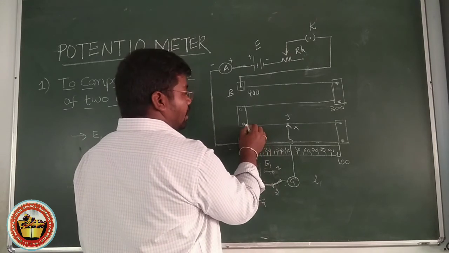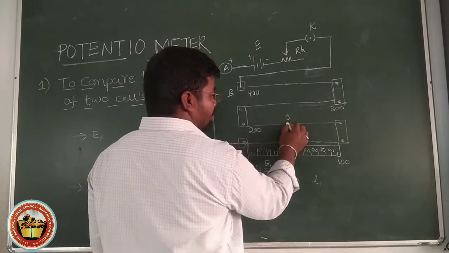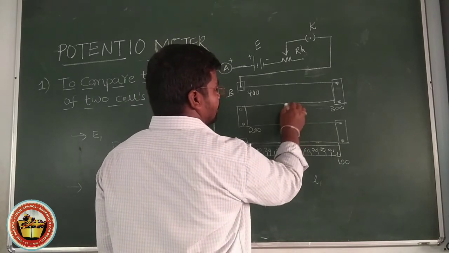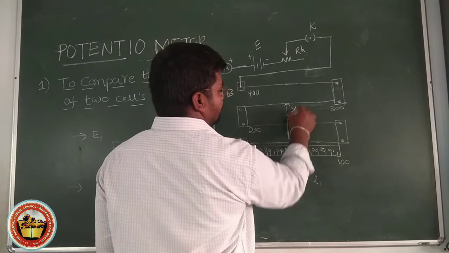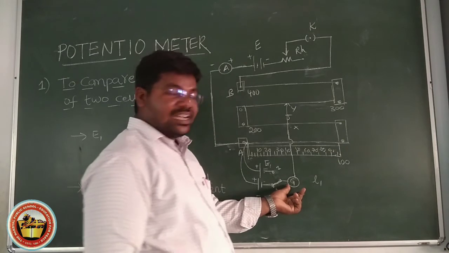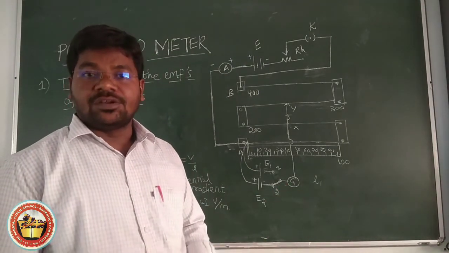At a particular point, the galvanometer shows null deflection. That particular length we denote as L2.